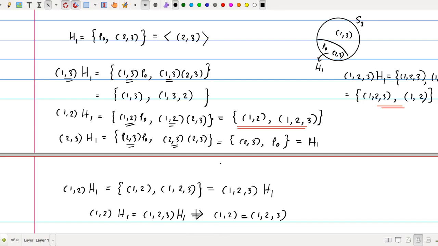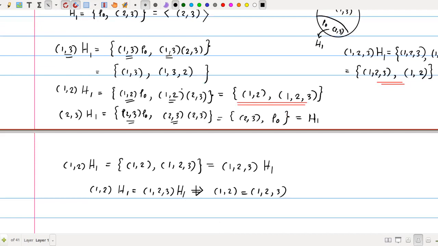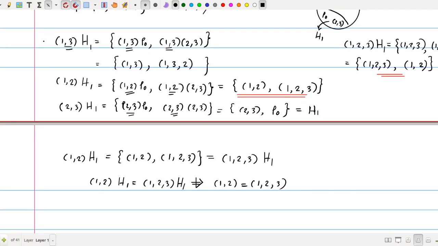But if you consider all these cosets, then you can see that if you choose distinct cosets from this, if you consider this one, then you will get (1 3), (1 3 2). When you consider this one, then you can get another coset, (1 2), (1 2 3). Similarly, if you consider this one, then you can get yet another coset of h1.